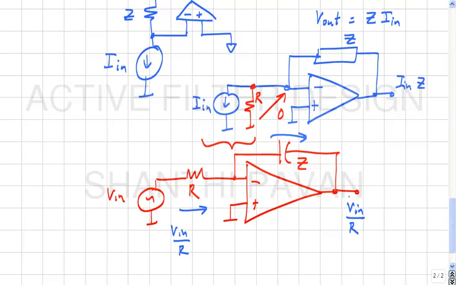Please look carefully, people. What is the output voltage? No, no, okay. Minus V in by R times Z. You understand? It's important to note this is an inverting configuration.